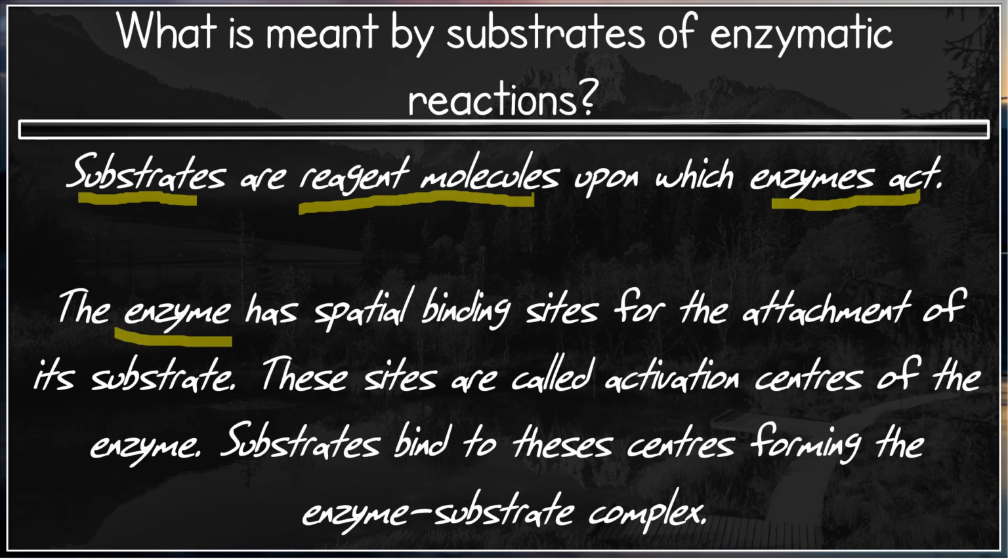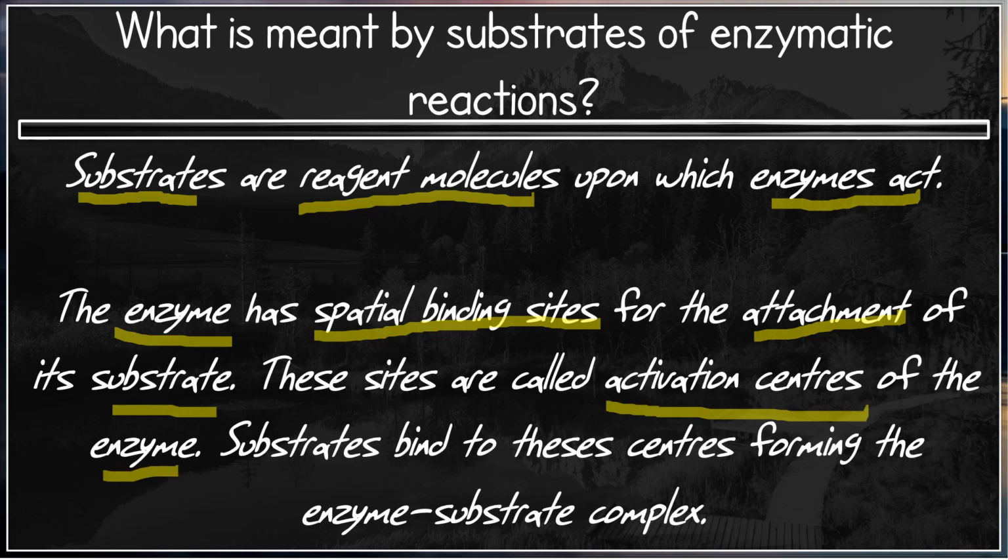The enzyme has a special binding site for the attachment of its substrate. These sites are called the activation center of the enzyme. Substrates bind to these centers, forming the enzyme-substrate complex.